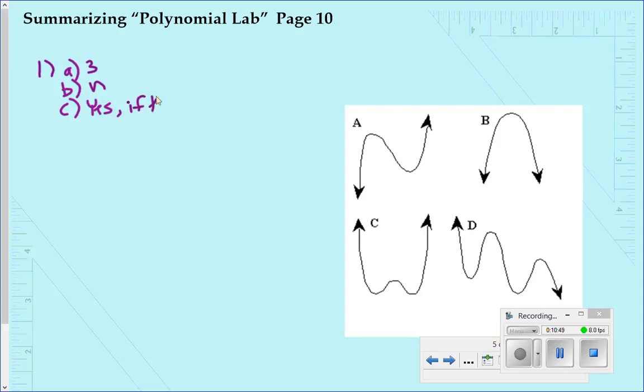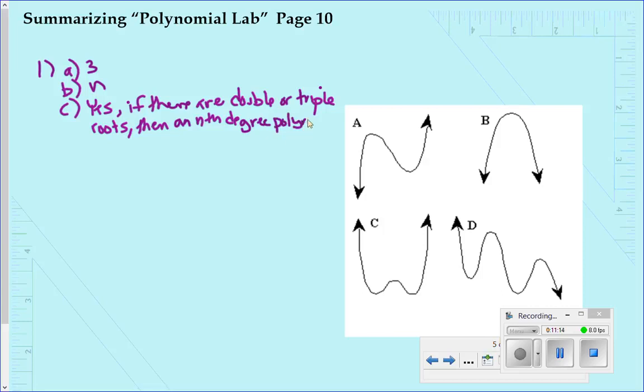if there are double or triple roots, then an nth degree polynomial has less than n roots.